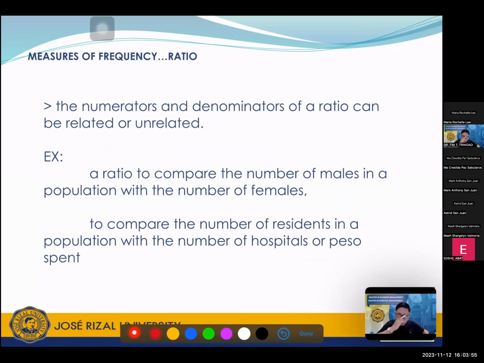Kahit magkaiba ang male and female, magkaiba ang orange at saka apple. Okay? So you can compare the number of residents in a population with the number of hospitals or the pesos spent. Parang gano'n. So for one hospital, ilan ang makakater niyang patient, kumbaga. So there is 1:10, or yung mga physician, there is one physician for every 10 patients. So that is the description that you can make about ratio.